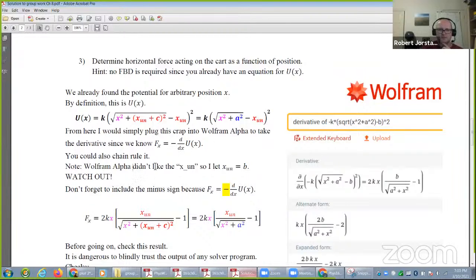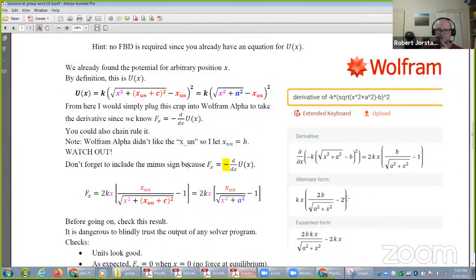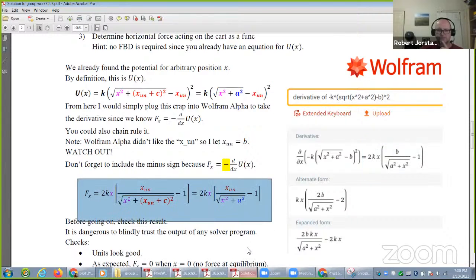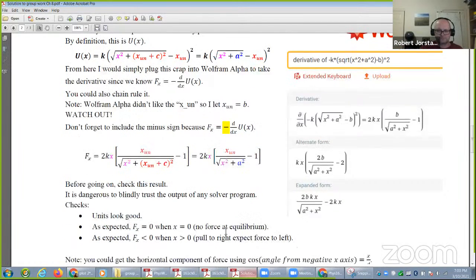It didn't like X un, so I just said X un was B, I think. When I did that, I get this result, and so I just wrote that right over here. So far, so good. Yeah, I have it still in the simplified form, I think. There's a bunch of different ways to write it, but okay, cool.